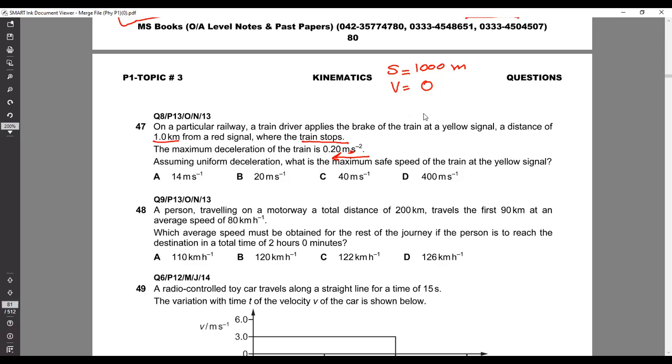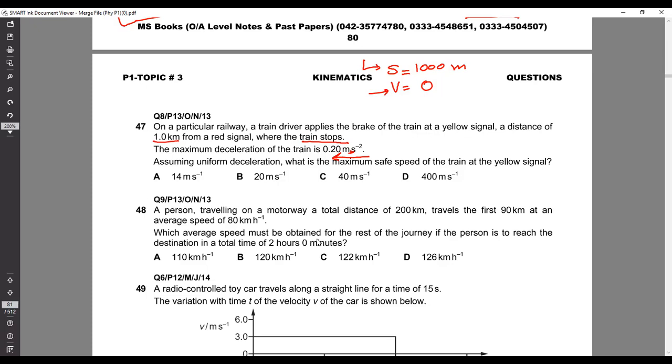So, Fatma, now you feeling confident how to use those equations of motion to solve such questions? Yes. Okay, Tanya, have you noticed the distance is 1,000? Okay, that's right. It is B. So that's what we need to do.